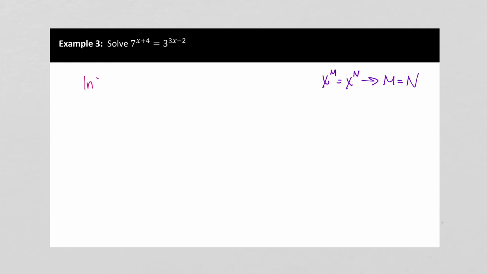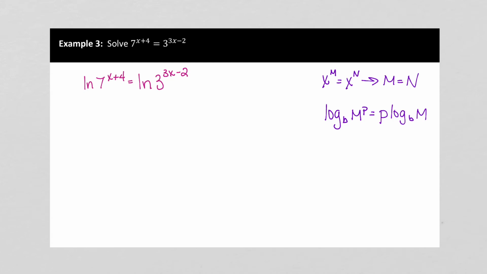So I'm going to say natural log of 7 to the x plus 4 equals natural log of 3 to the 3x minus 2. Now, why does that help us? Because of that rule that we learned back in the previous section that said log base b of m to the p is equal to p times log base b of m.